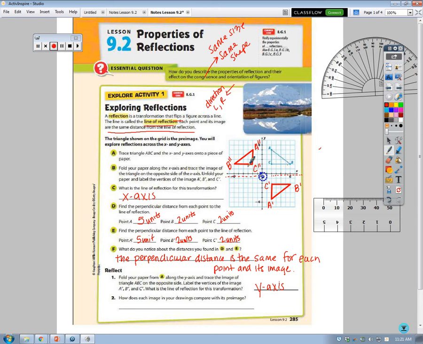So we could say triangle A prime, B prime, C prime is triangle ABC, flipped. Oh, I think I spelled flipped wrong. I need 2 P's. Flipped or reflected across the x-axis.